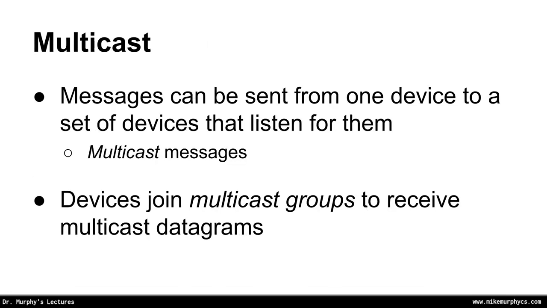There's yet another type of messaging called multicast messaging, which allows messages to be sent from one device to a set of devices that listen for them. And this set of devices that listens for the multicast messages have joined multicast groups. So we have these special multicast groups. A system can join it and receive multicast datagrams.